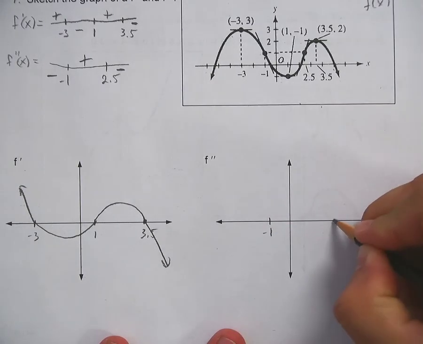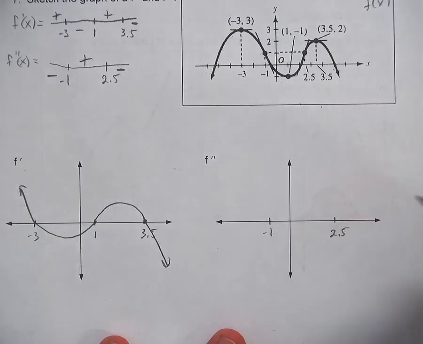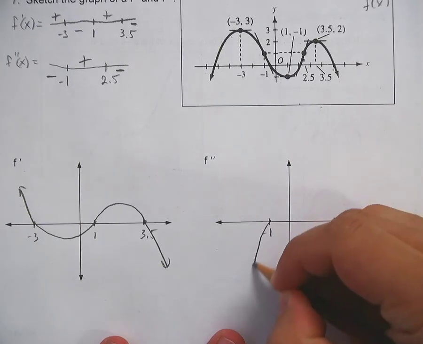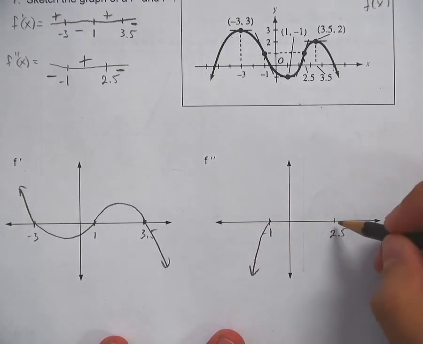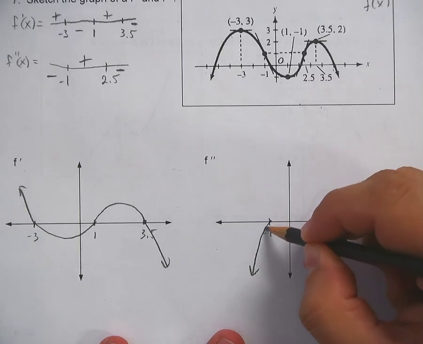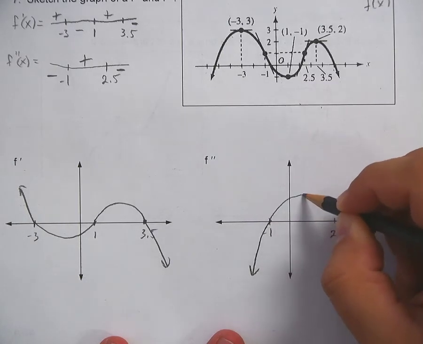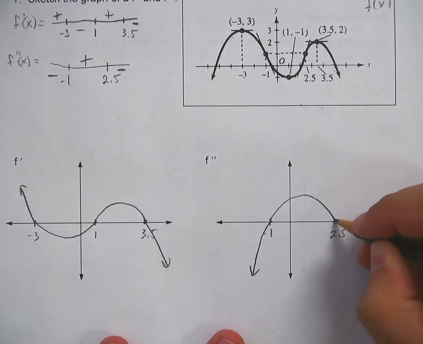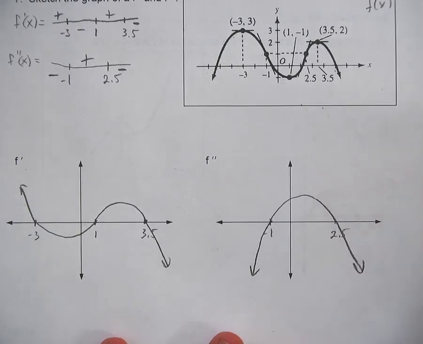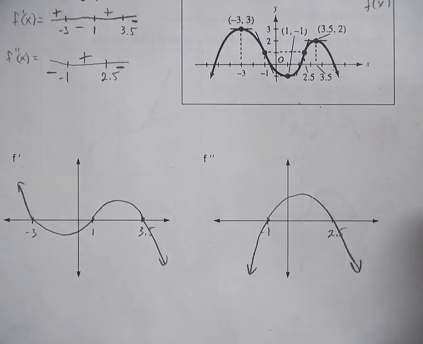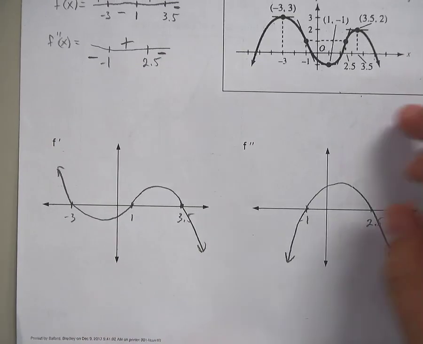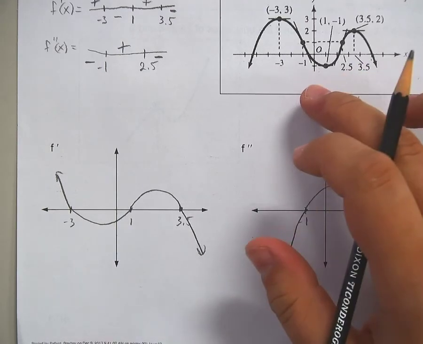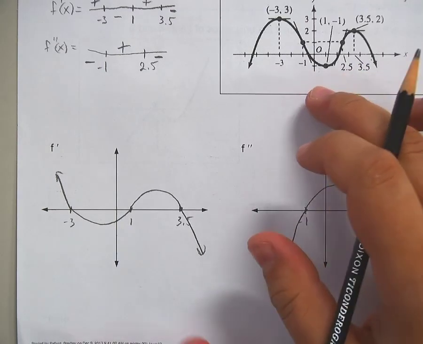-1, 2.5. It's going to be negative, so we'll be putting down like this. It'll be positive till you hit 2.5. Try and do this as good as I can. And then it'll be negative after 2.5. Now, if you notice, this graph kind of looks like a fourth power function.